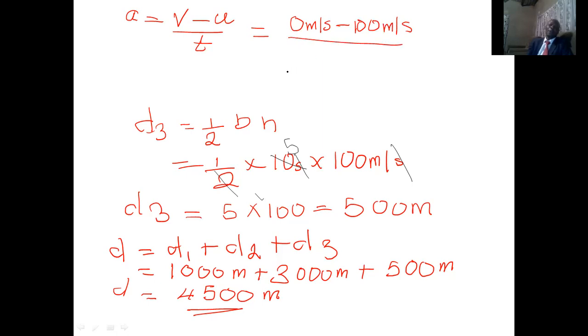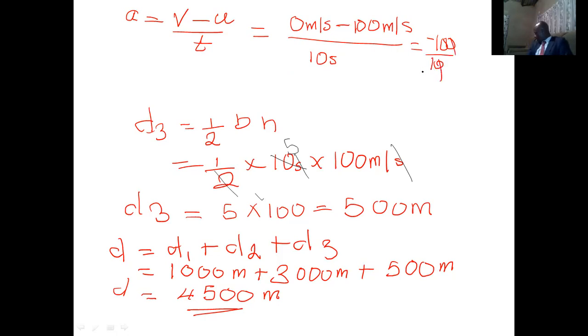over the time taken. We saw that it was 10 seconds. And you notice that what we get here is negative 100 divided by 10.